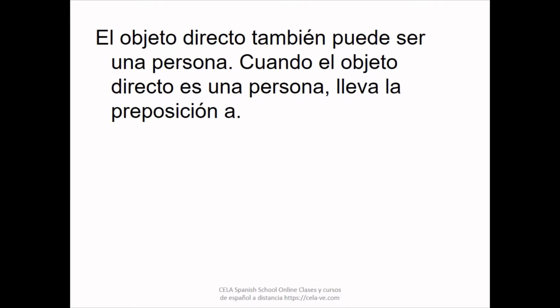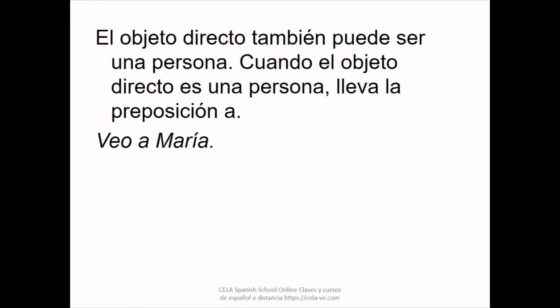In both cases, it has a in front. And this is a problem to identify if it is a direct or indirect object in a sentence. Veo a María. The subject of the sentence is yo. Yo veo.